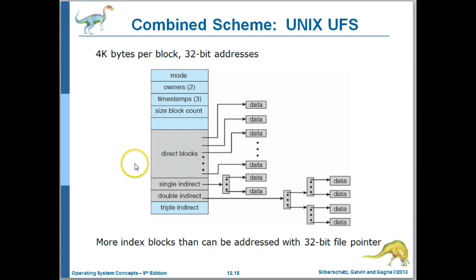I'm forgetting about ignoring the direct blocks here for a moment. The single indirect is, in a sense, the index allocation that we were talking about originally, a pointer to an index block. For larger files, the double indirect is a pointer to an index table of index tables, as we saw with the last example. And for the largest files, there's a triple indirect pointer.